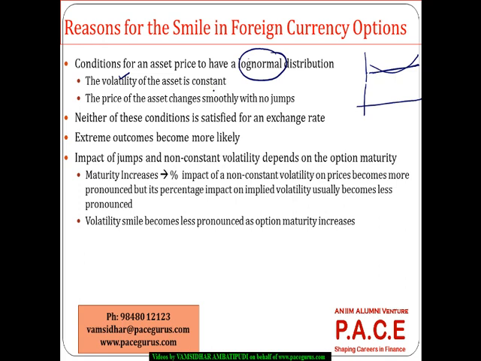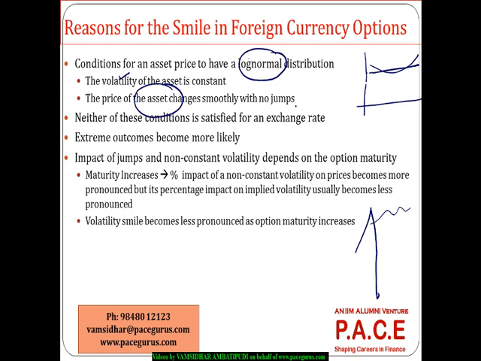But in reality, for foreign currency, you don't see that the volatility is constant. It keeps changing with time. The price of the asset should change very gradually, an increase or a decrease. So it can't be a kind of jumps like this.